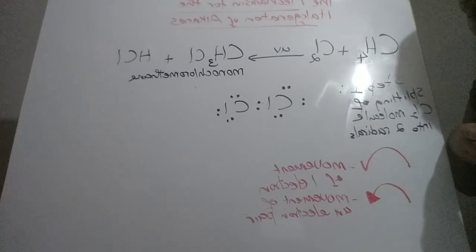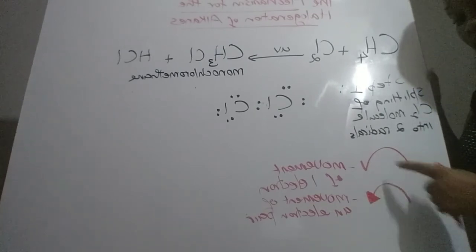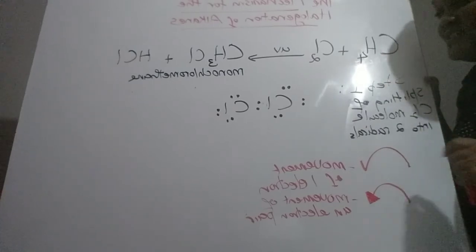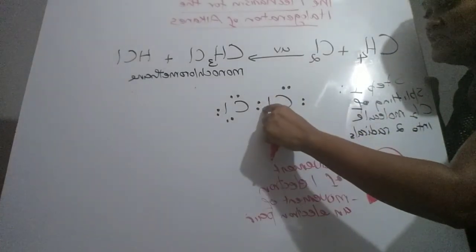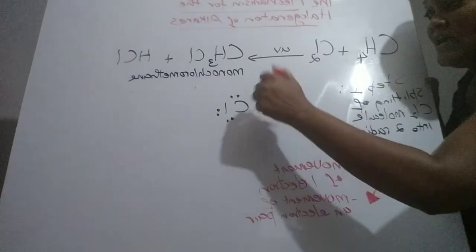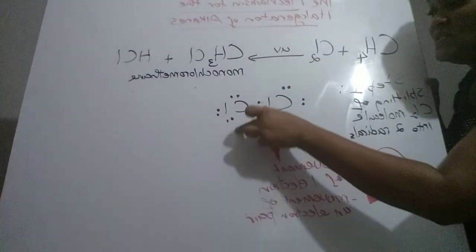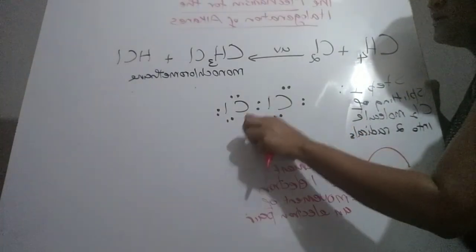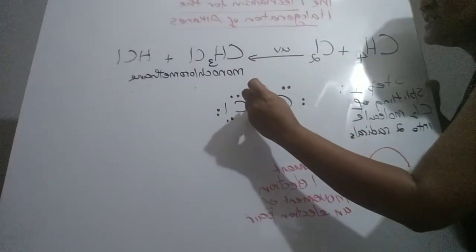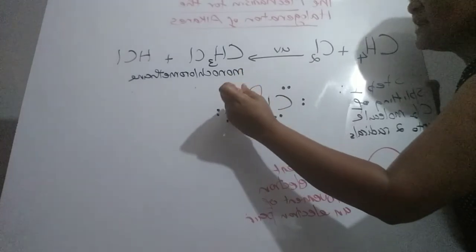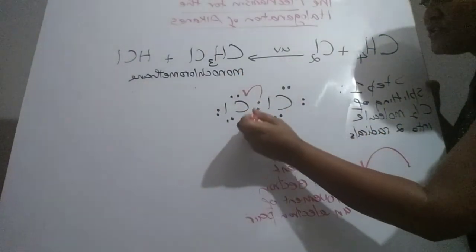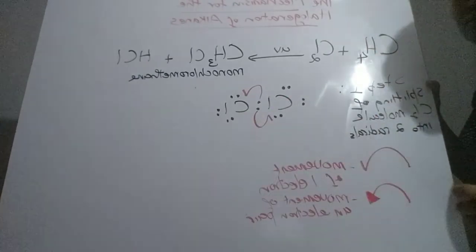Now I'm going to use this one for this mechanism because I'm showing the movement of each electron. So here this bond splits evenly. I am not going to use this to show splitting, no. I am going to simply show that the electrons move away from each other. So this particular electron goes back onto that chlorine atom. And this particular electron goes back onto that chlorine atom.